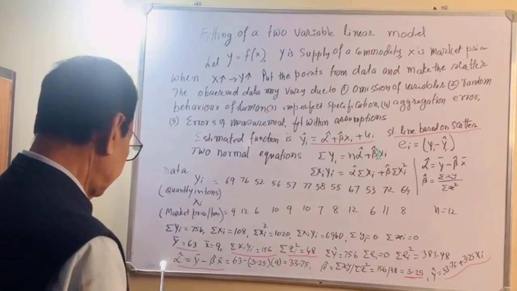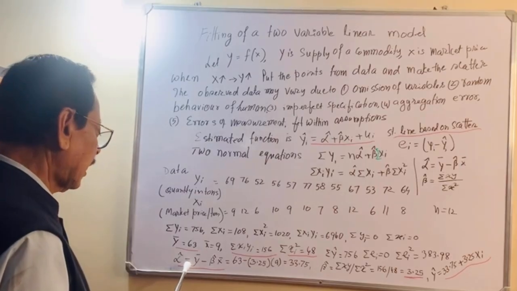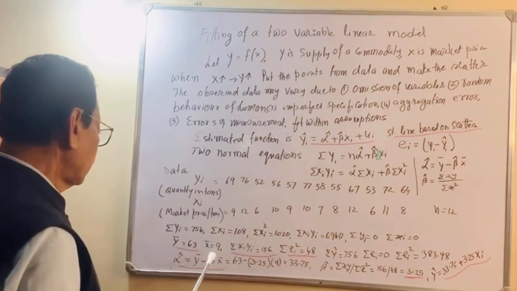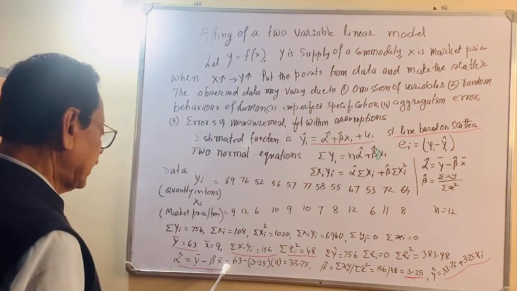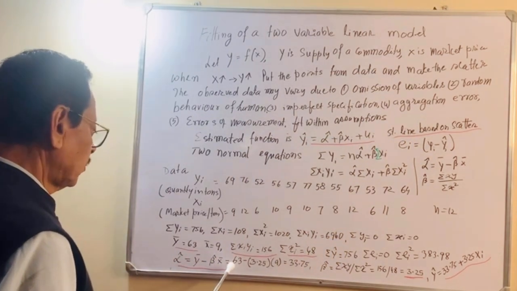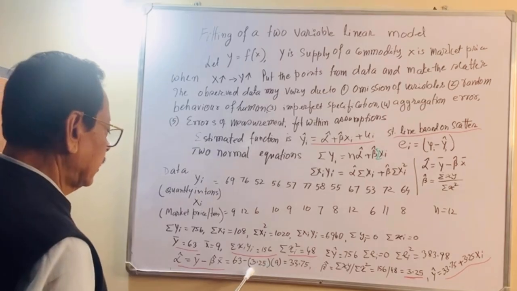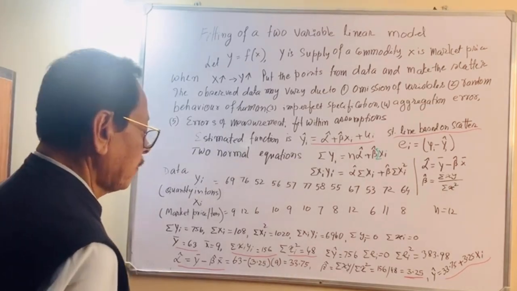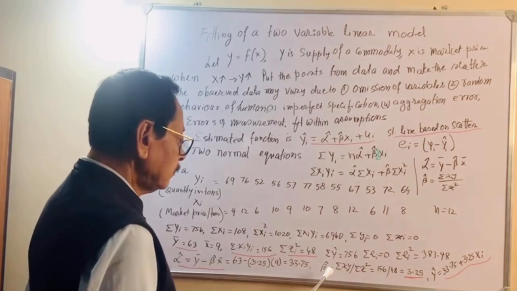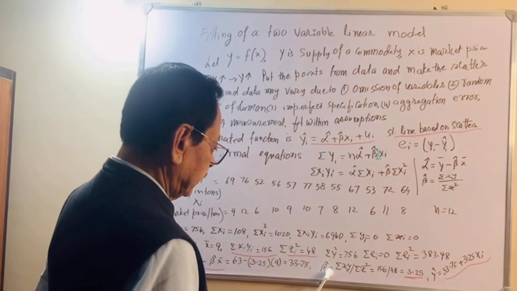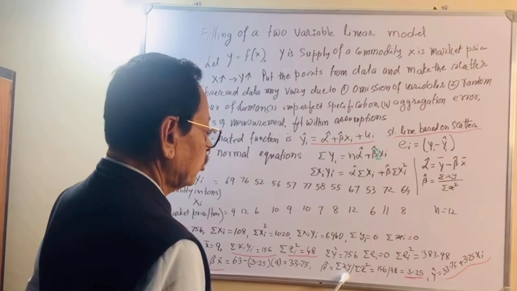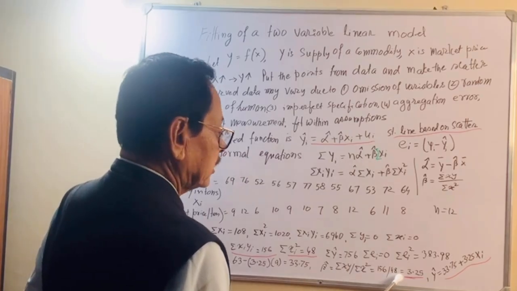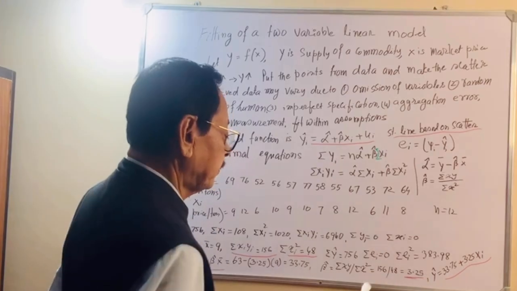So alpha head, estimated alpha, is equal to, as I said, remember this, y bar minus beta head x bar, is equal to, if we estimate and simplify, 33.75, and beta head is equal to summation xy by summation x squared. This much is equal to 3.25.